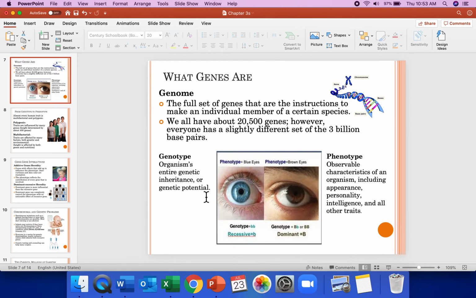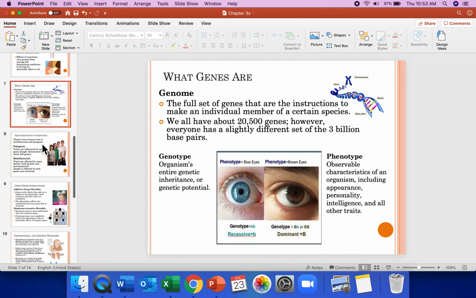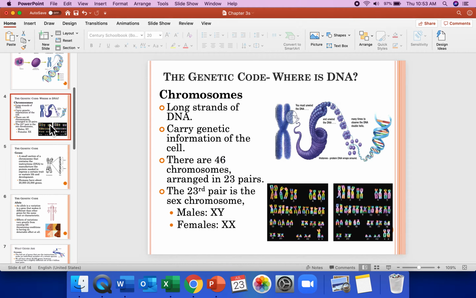All right, pay close attention to this, because a genotype is basically your inherited set of everything. You inherited a set of chromosomes, 23 pairs of chromosomes that carry different alleles, different genetic expressions, okay?